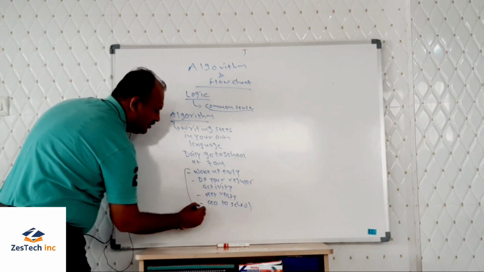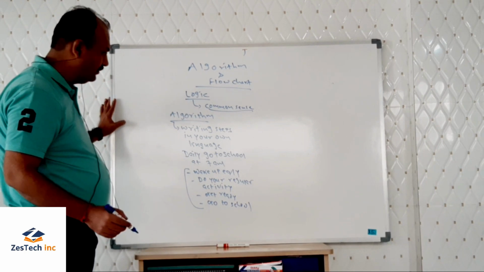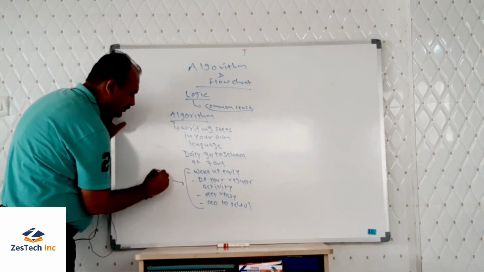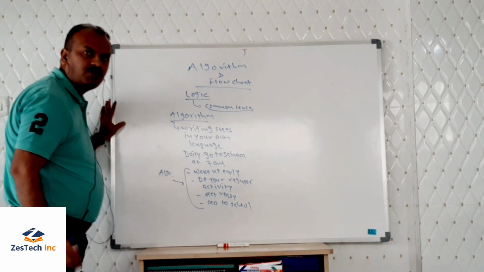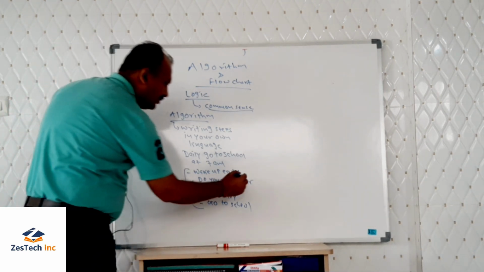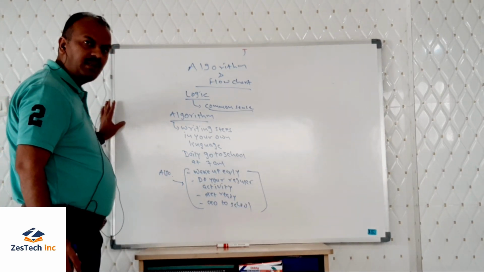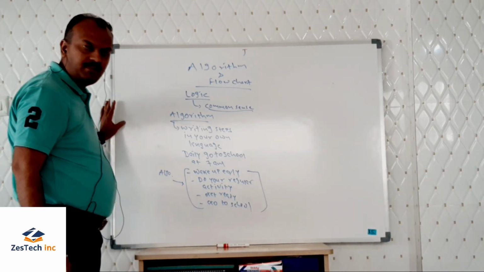So these are the steps that come to our mind. So this is the algorithm for going to school. These are the steps that I have written in my own language. That is the concept of algorithm.